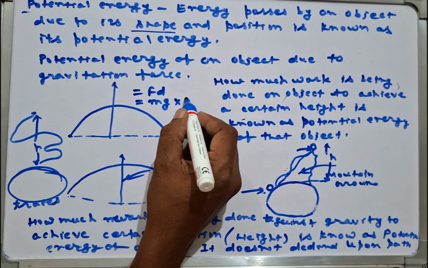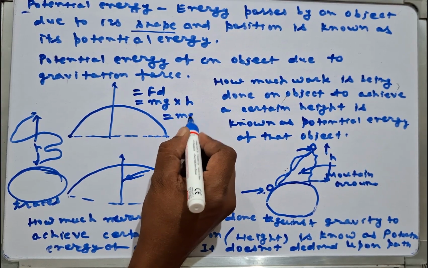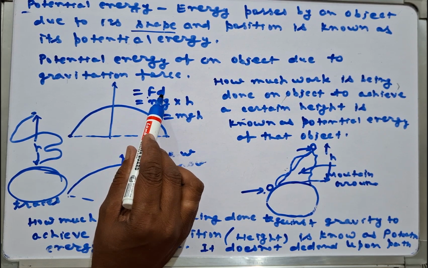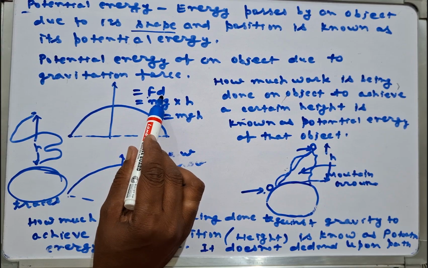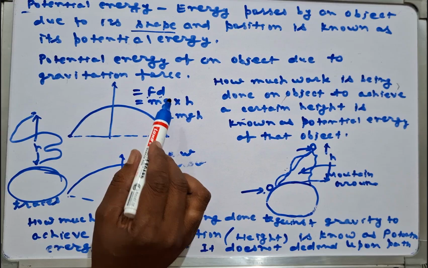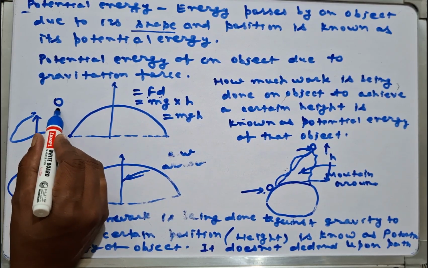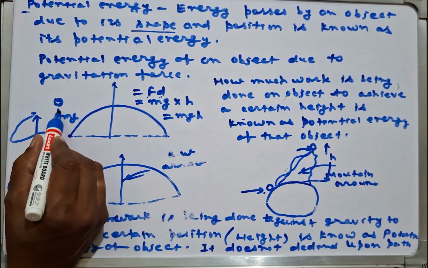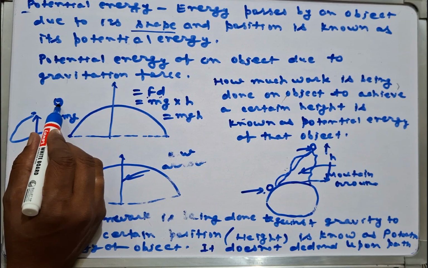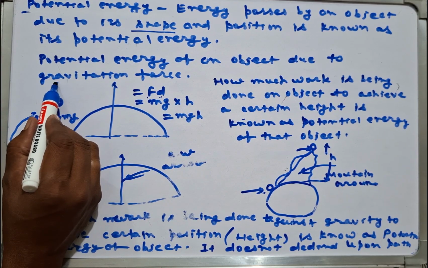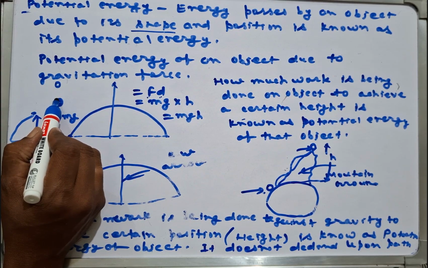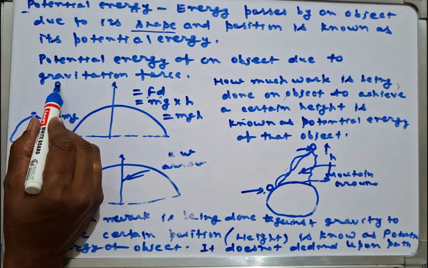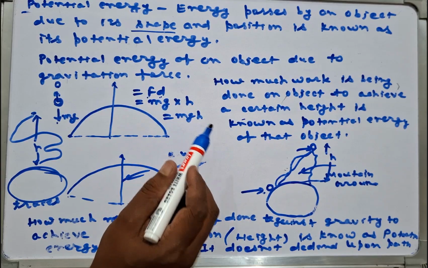Now d is h, so this is mgh, because this force and the displacement are in the same direction. The gravitational force is acting in this direction, and if you are going in the direction of the force, the net displacement is h, so this is mgh.